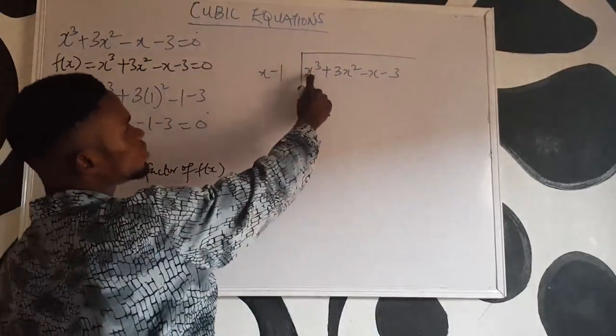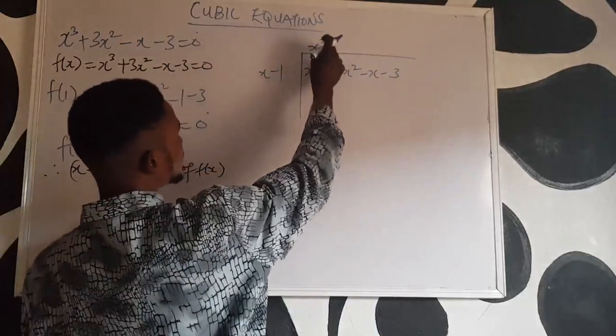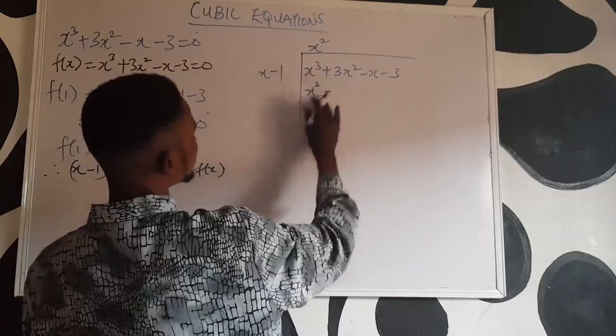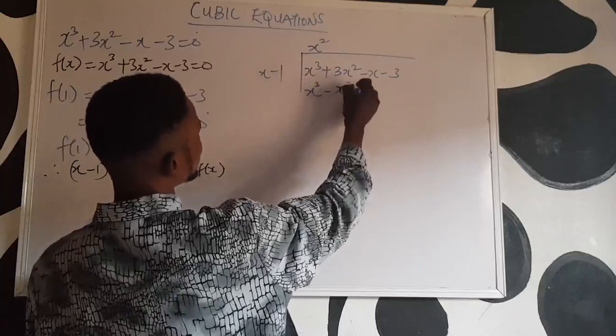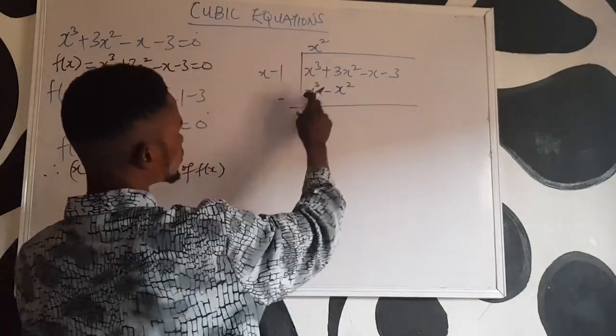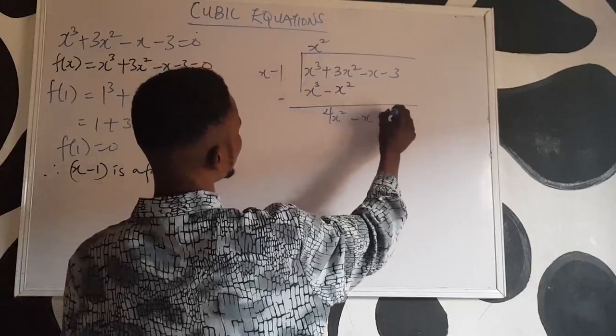So x cubed divided by x using long division is x squared. So x squared multiplied by this, we have x cubed minus x squared. So subtract out. This minus this is what? 4x squared minus x minus 3.